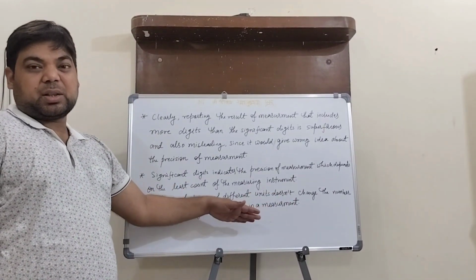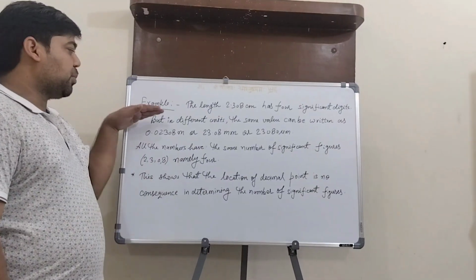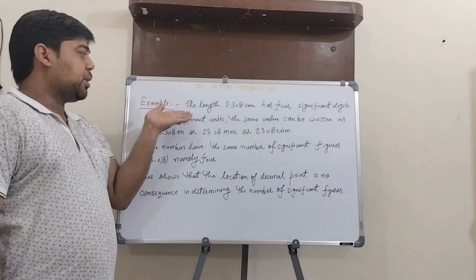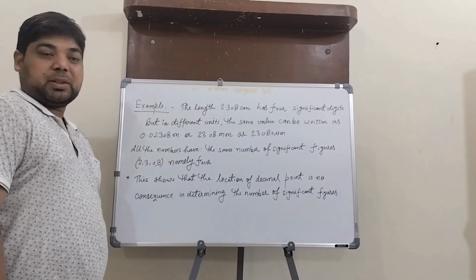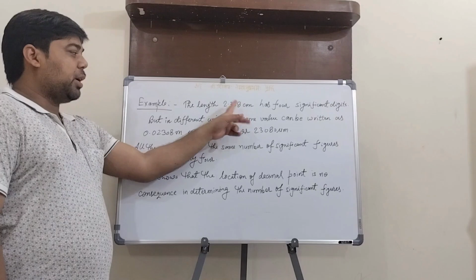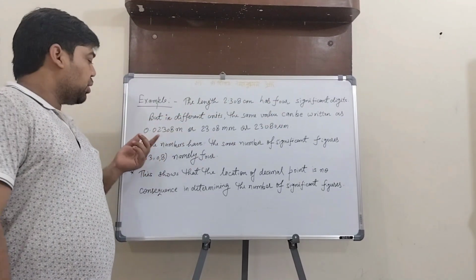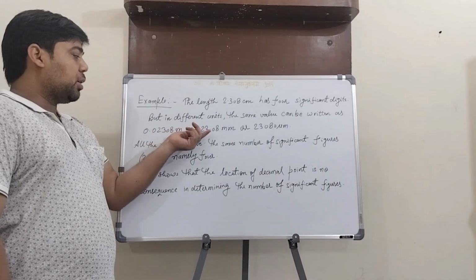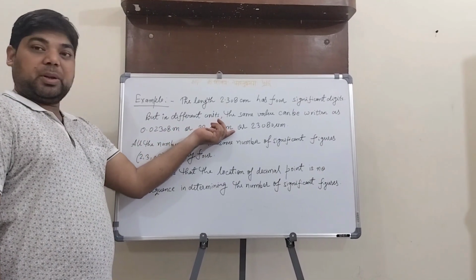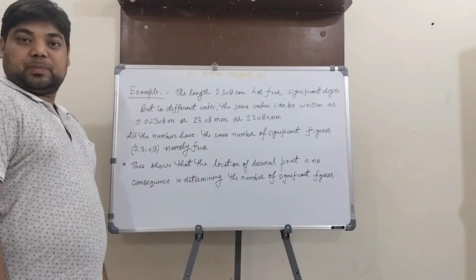We will understand this by a simple example. The length 2.308 centimeter has 4 significant digits, 2308. But in different units, the same value can be written as 0.02308 meter or 23.08 millimeter or 23080 micrometer.